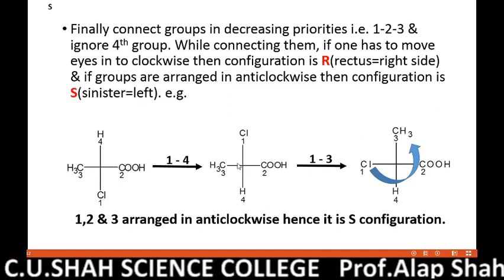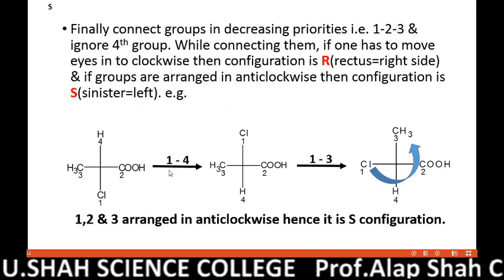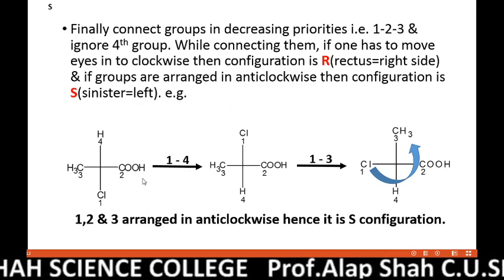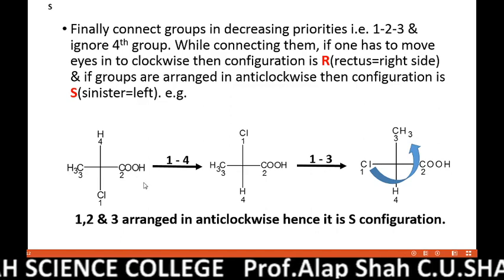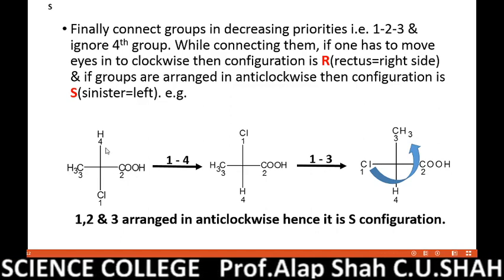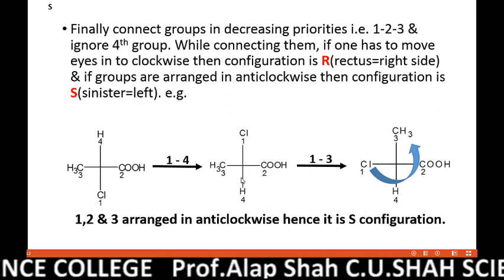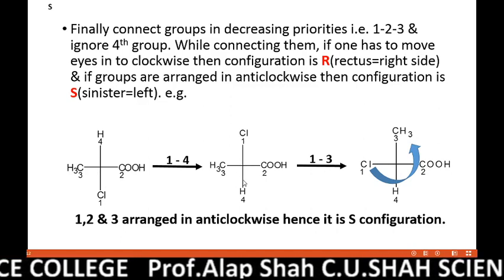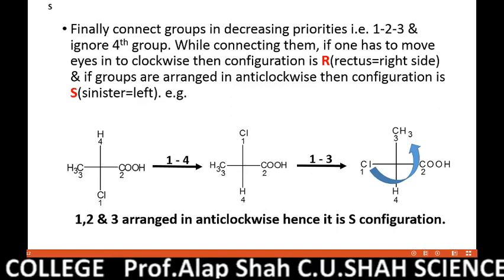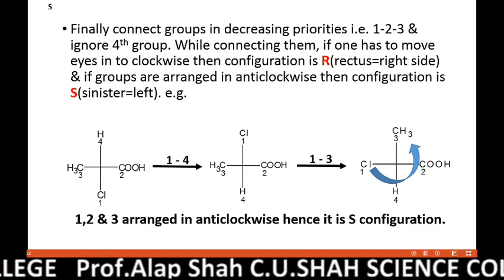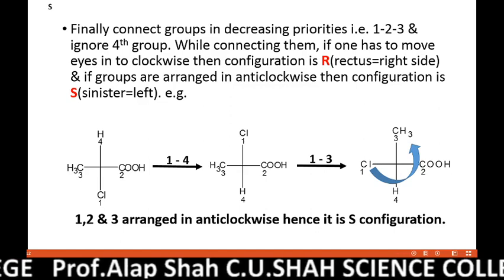Now always remember that whenever you change one pair, it changes the configuration. It means that if this is R configuration, then this would be S, and vice versa. So interchange of one pair is forbidden. Technically, it amounts to a 90-degree rotation of the molecule.